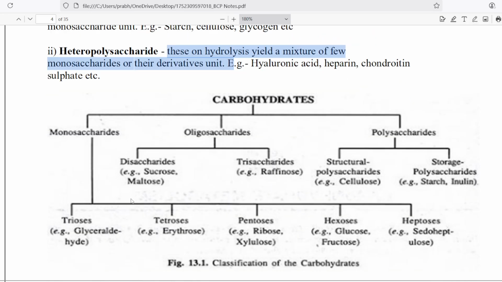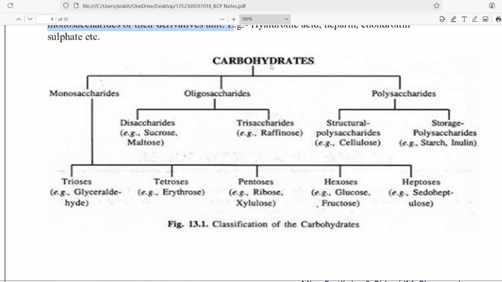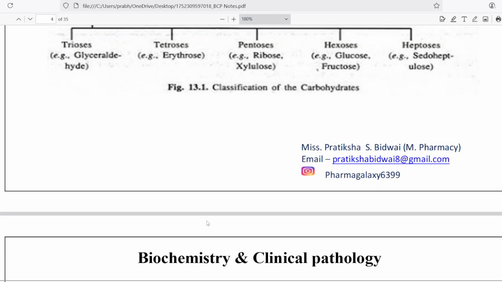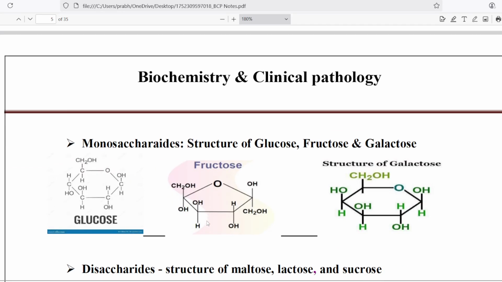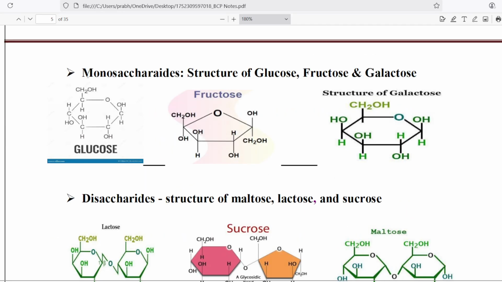This is the summarization of classification of carbohydrates. Carbohydrates are classified into monosaccharide, oligosaccharide and polysaccharide, also called the non-sugar part. So, second point of the syllabus is monosaccharide. In monosaccharide, we study structure of glucose, fructose and galactose.